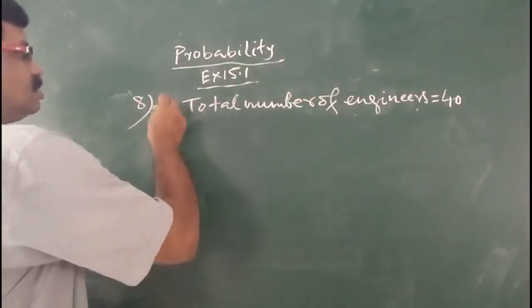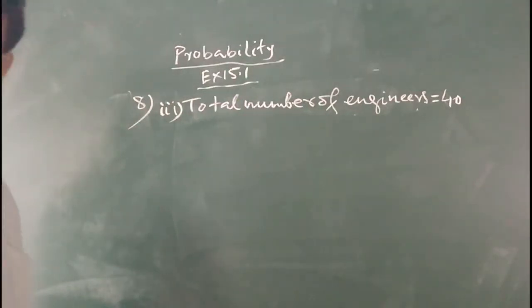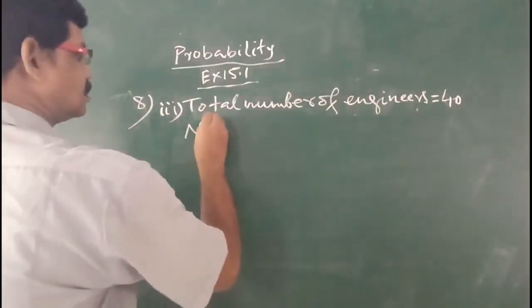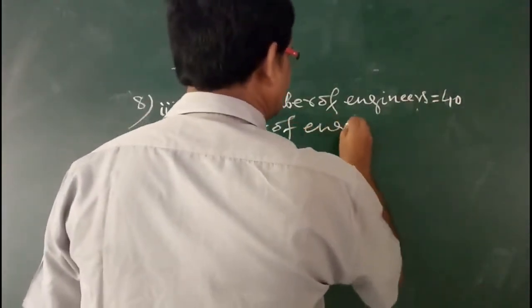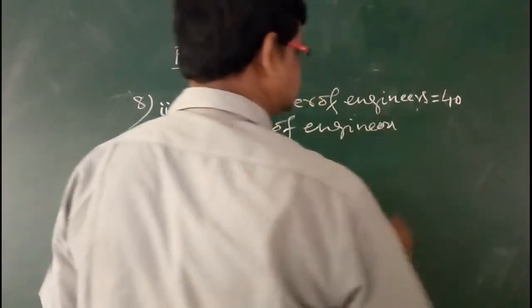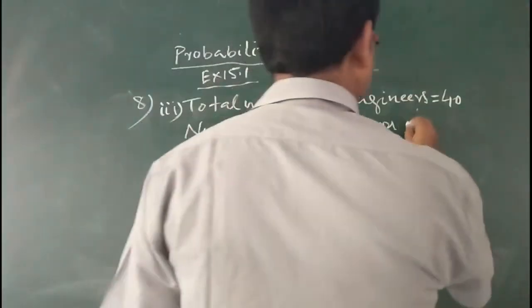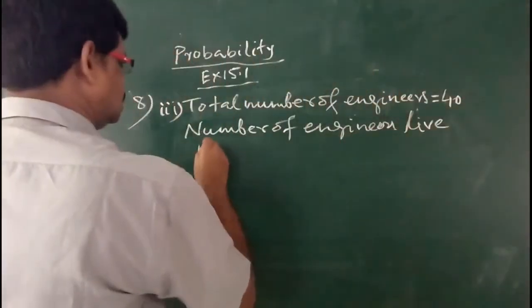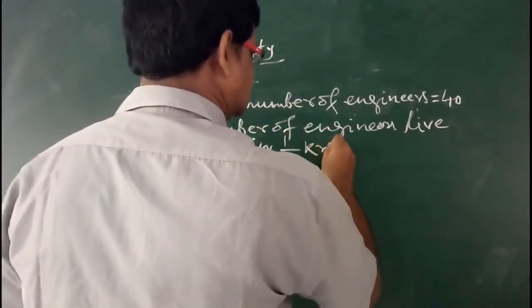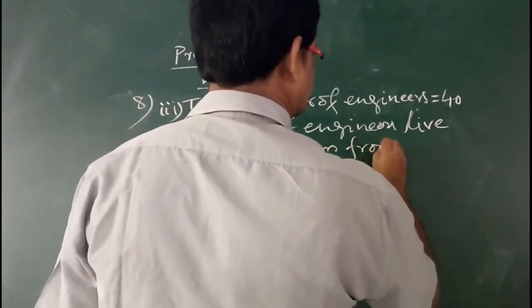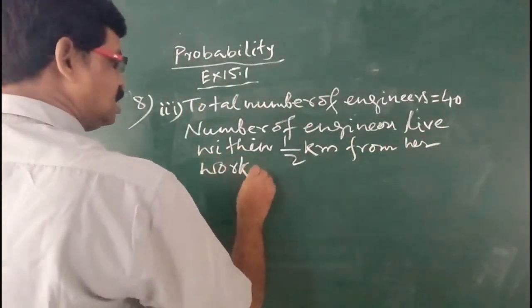Now number 3, total number of engineers 40 and number of engineers live within half kilometer from our workplace.